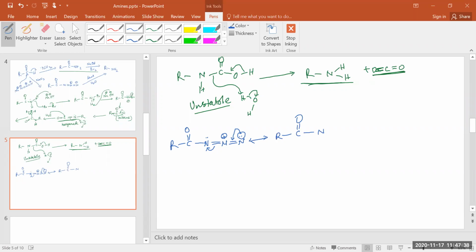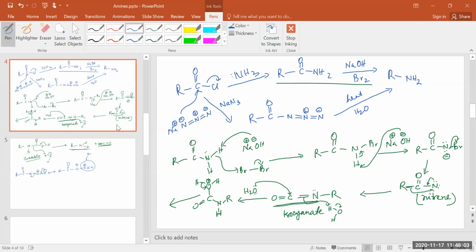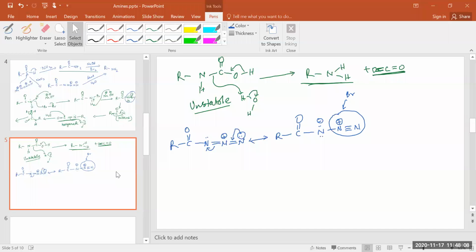Here, negative charge, single bond. Azides are unstable. If you compare this one with the previous slide, this portion was bromine in the previous slide. This is exactly the structure here in the next. So this bond is very unstable, it breaks off.